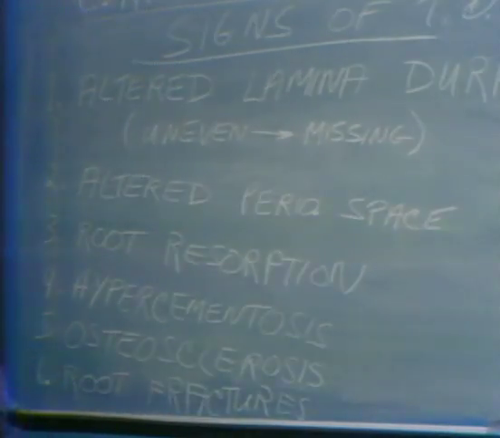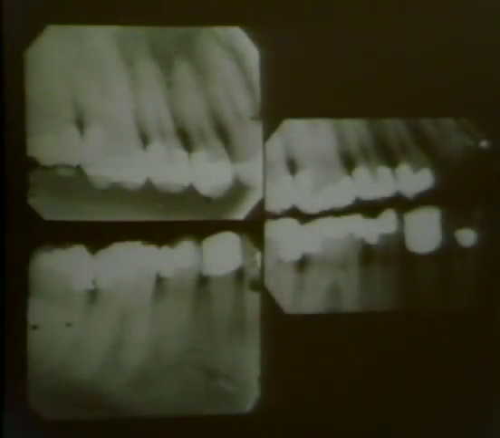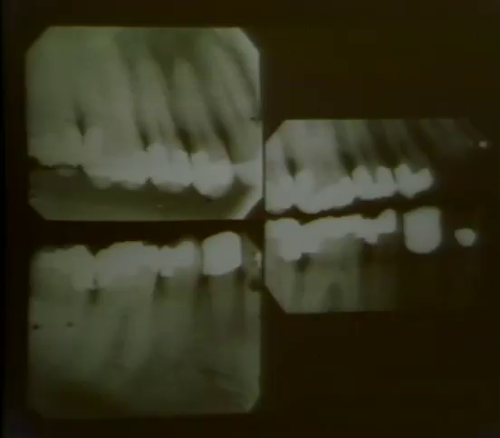Let's now go to the slides and go through these and see if we can point out some of these factors for you. The first slide we have here shows the results of having a bicuspid with a high crown, as you can see in this area here. This is the high crown and the offending tooth.